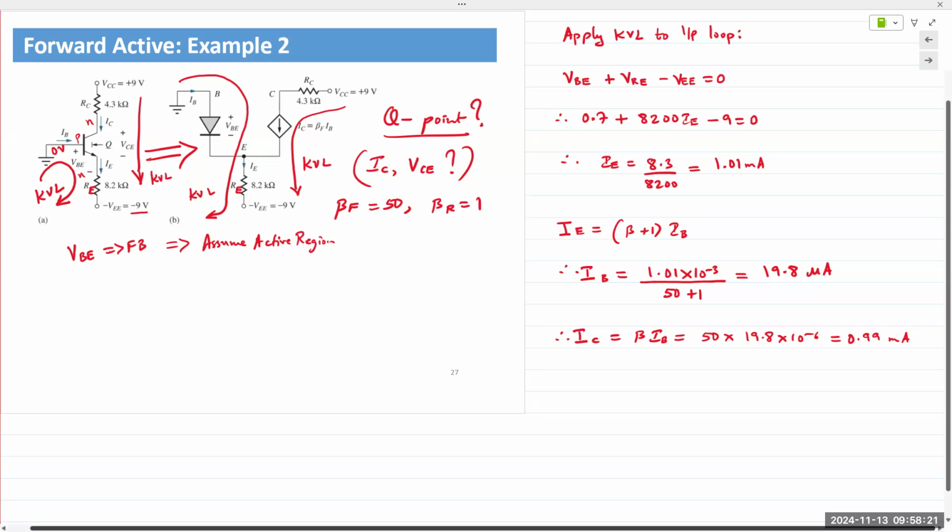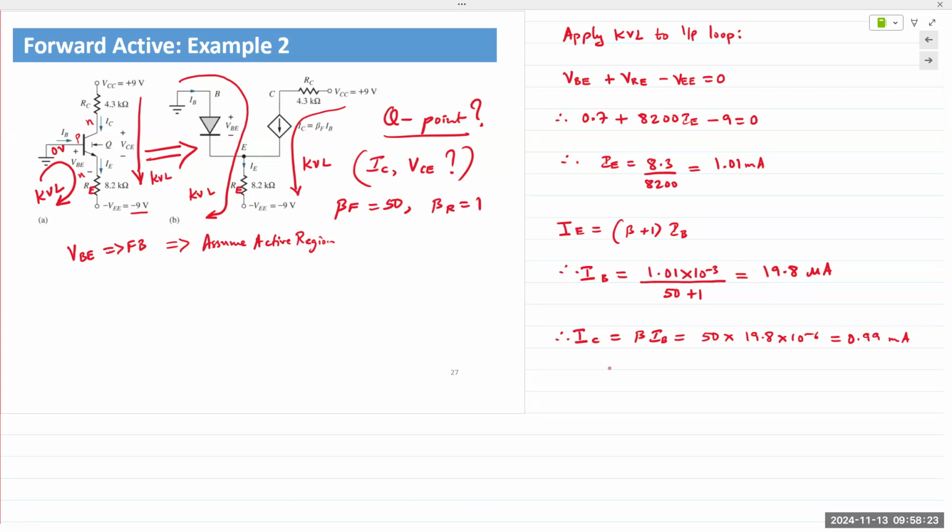All right, let's quickly find VCE by applying KVL on the output side.